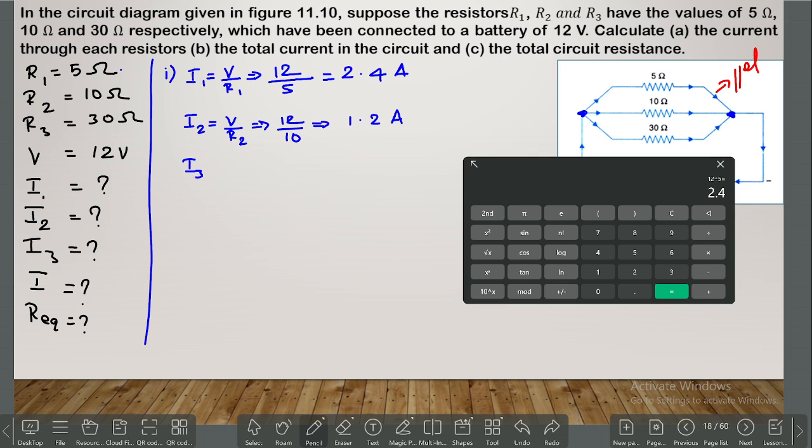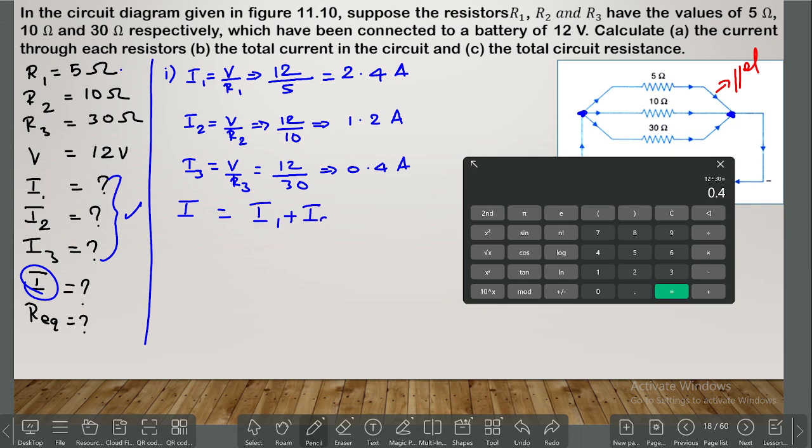Like that, I3 is equal to V by R3. 12 divided by 30 will be equal to 0.4 ampere. So we have calculated all three values. Now what are they asking us to calculate? The total current. The total current, or net current, will be equal to the sum of the currents passing through each resistor.